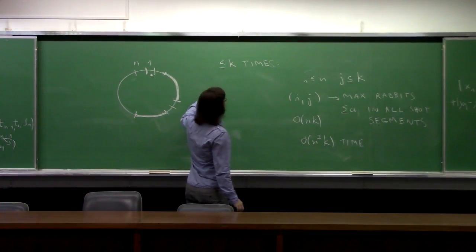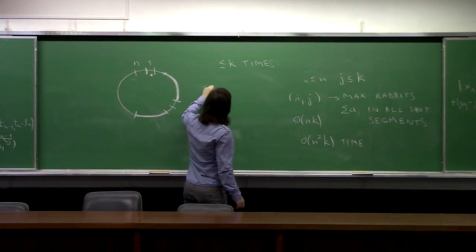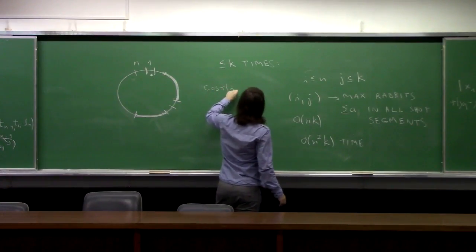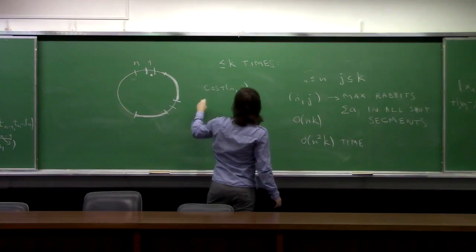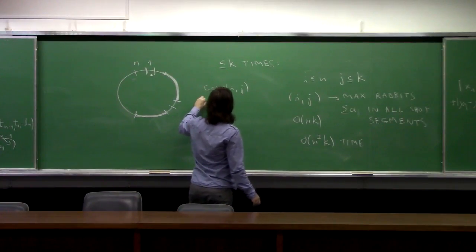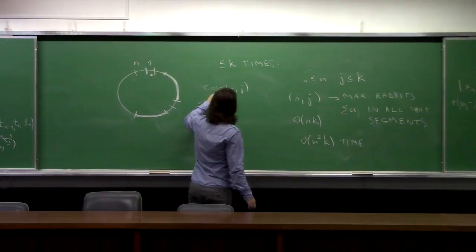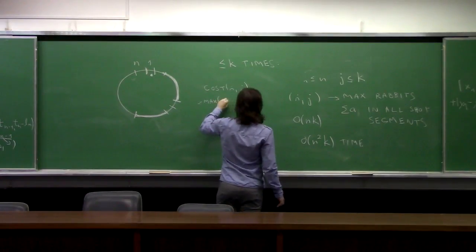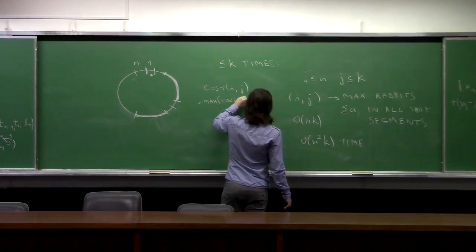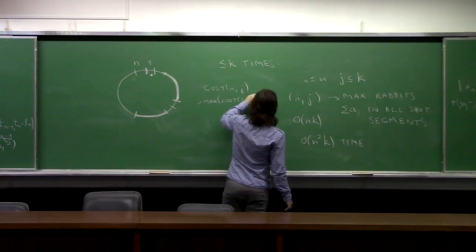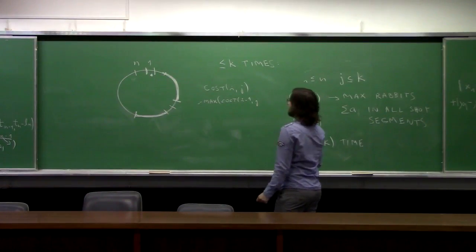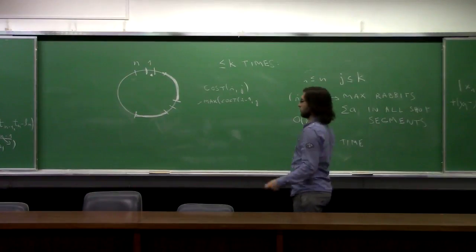Alright, so cost ij is equal to max of cost I minus 1 j, which is when place I isn't shot and we don't do anything with it.